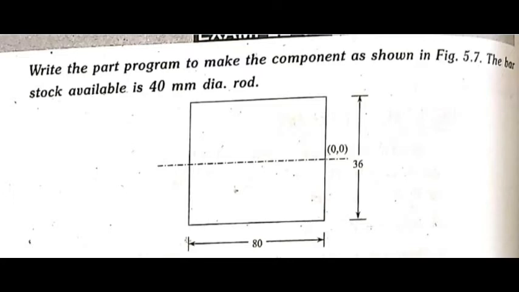Now the part program for this component as per the diagram will be written as follows. In the first step, N001, that means first sequence number. N is a sequence number. Next G71, which means dimensioning in metric units.